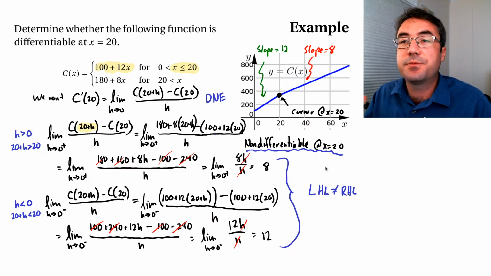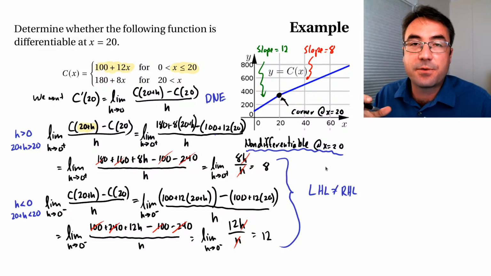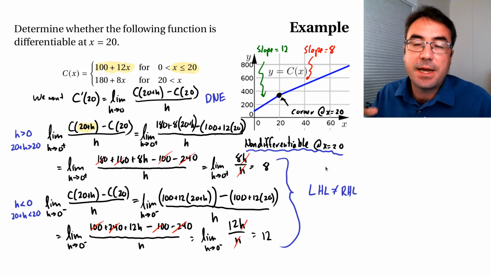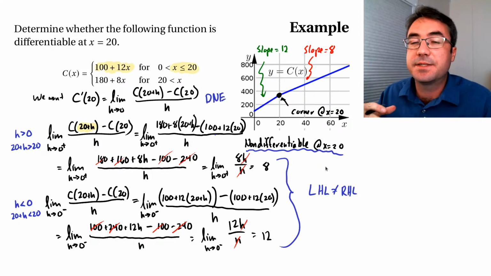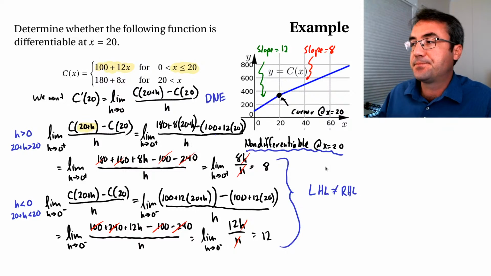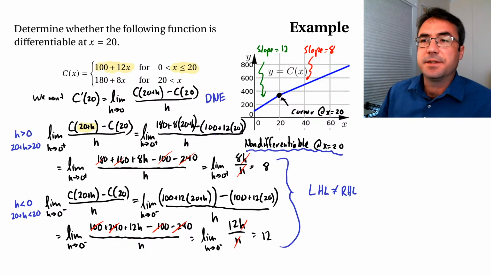So this is the sort of procedure you would go through if you were trying to determine if a piecewise function was differentiable at a point. You have to consider the left and the right side limits separately and see if they match up. All right.